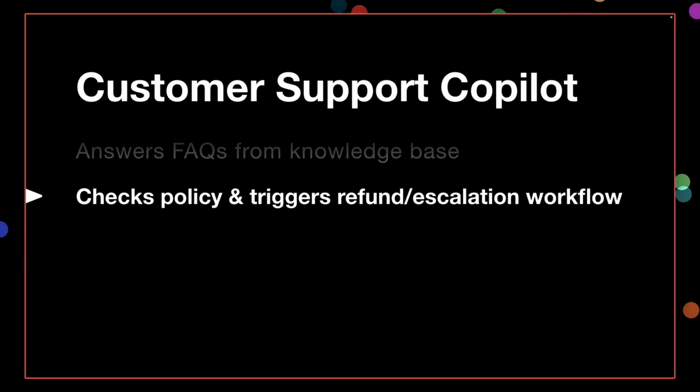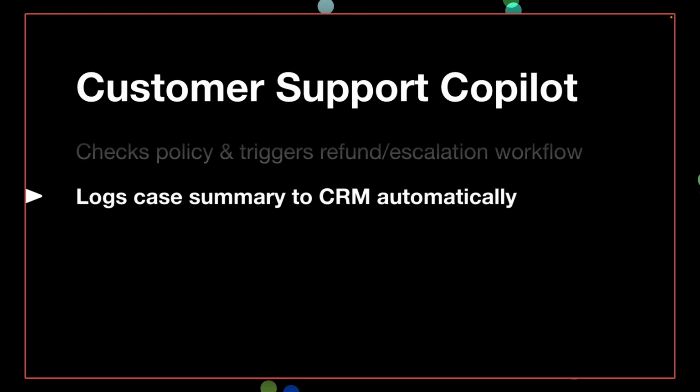It doesn't stop there, guys. It can also log a case summary to your CRM automatically, which will save hours of manual work. And that's an example of an agentic AI system in the customer support space.